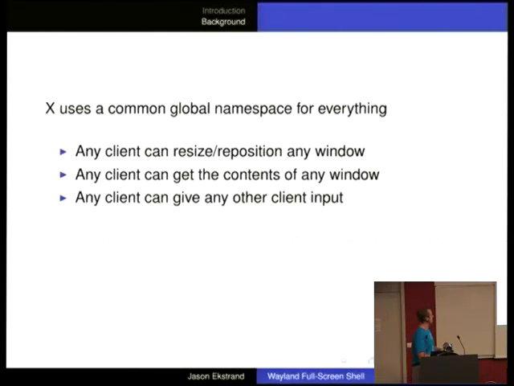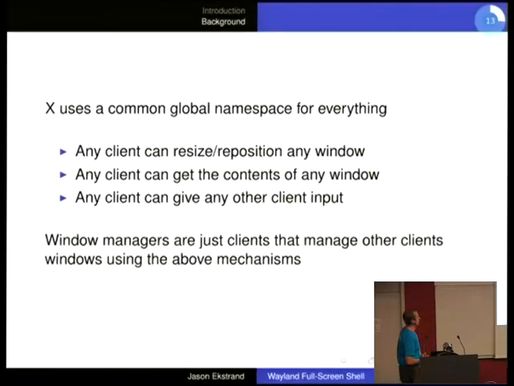They can get the size, they can reposition them, they can get the contents of another client's window, and so on and so forth. And this is how window managers are implemented. So your window manager is just a client, and it messes with the other clients' windows in a very predefined fashion that we have set out in a spec so that nobody conflicts with each other, and it works pretty well.